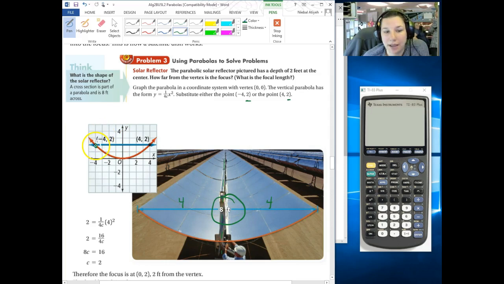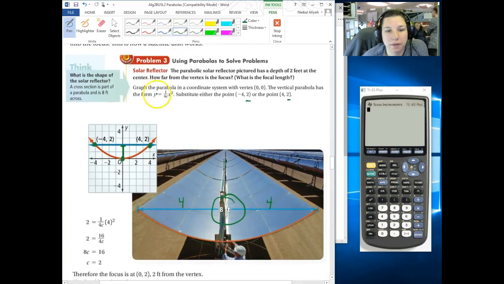That's where they're getting -4, 2 and 4, 2. So the parabola is graphed based off that information. The vertex is 0, 0. The depth is 2, so that's your y value. And then they give you the distance across, and you split that in half. This way would put you at -4, and this way would put you at +4.